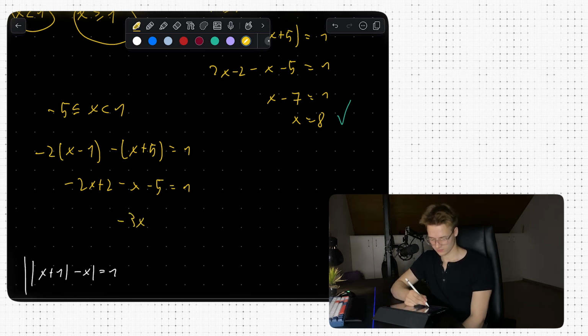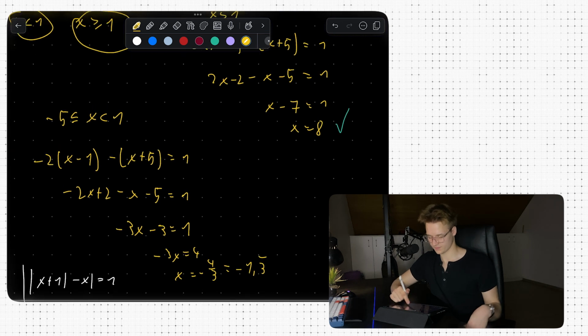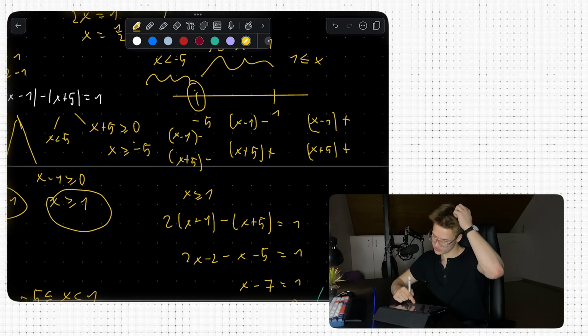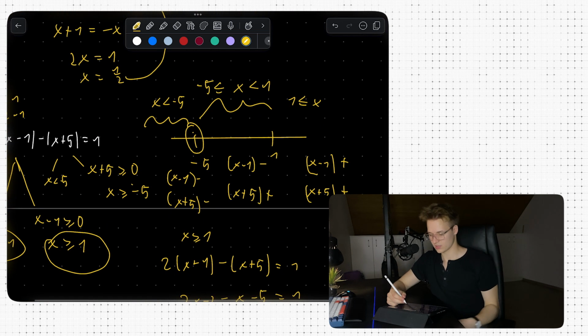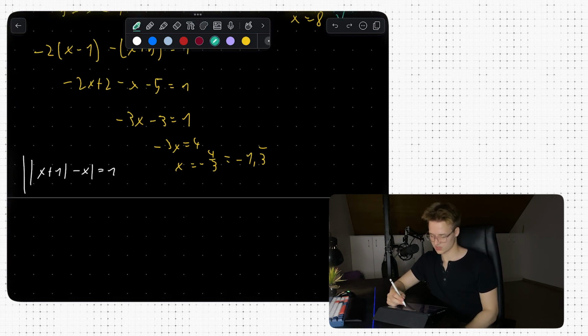So we have -3x minus 3 equal to 1. Then -3x is 4, x is -4/3, which is approximately -1.3 repeating. And we said that x is between -5 and 1, so this solution is also okay.